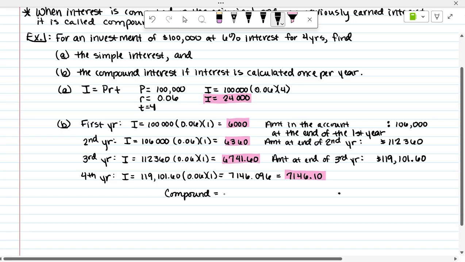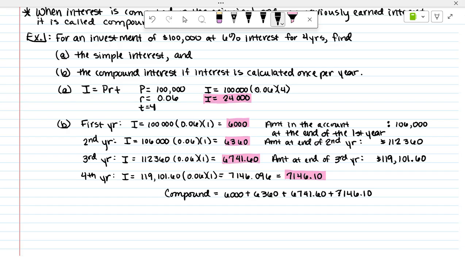Is going to equal the 6,000 plus the 6,360 plus the $6,741.60 plus the $7,146.10. When I add all those together, which y'all probably already did, what did we get?